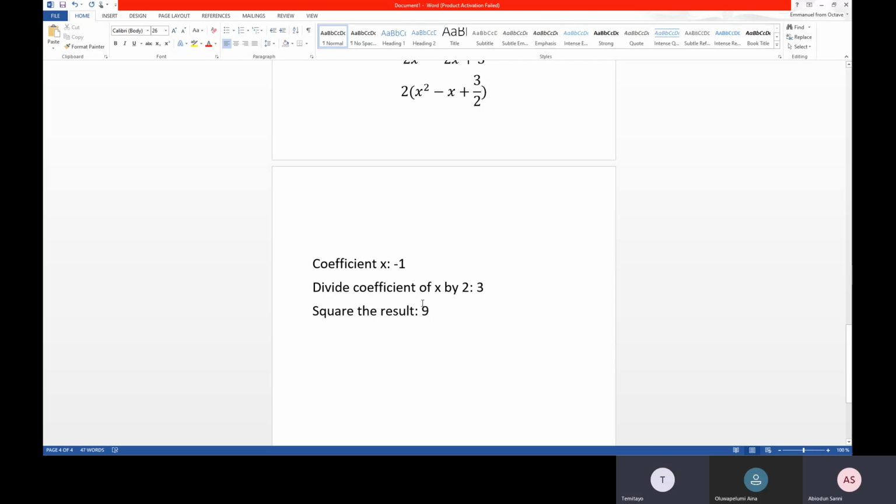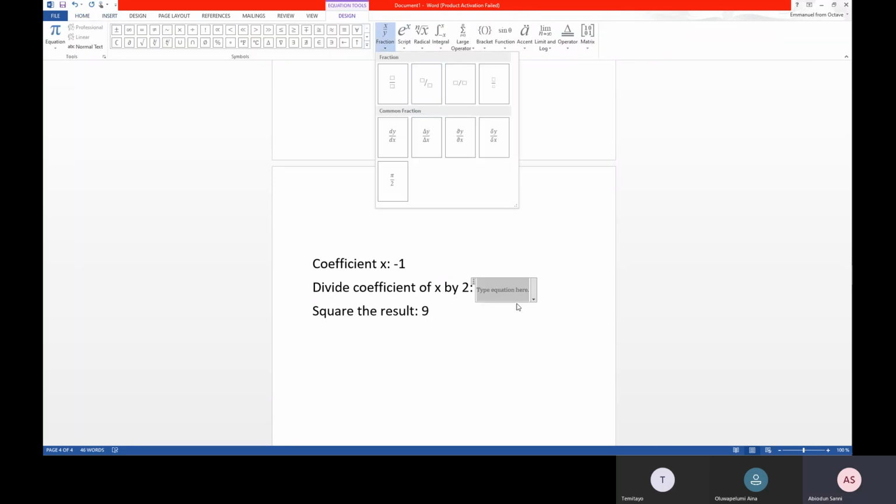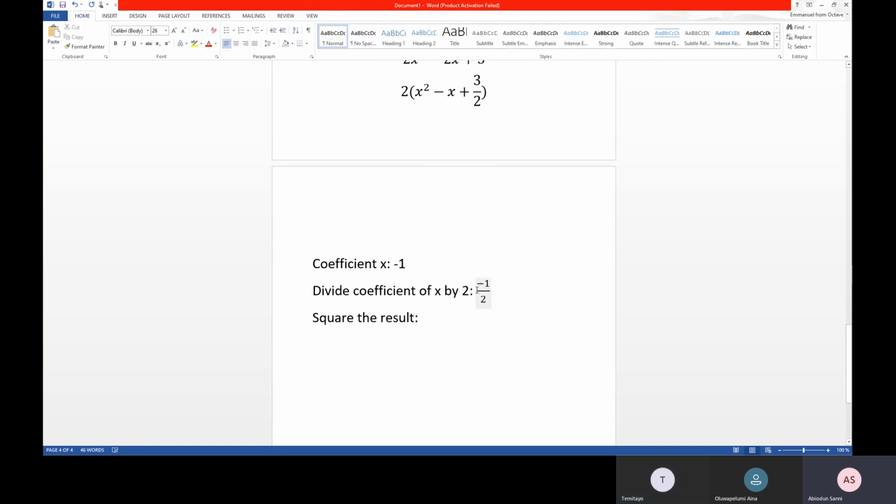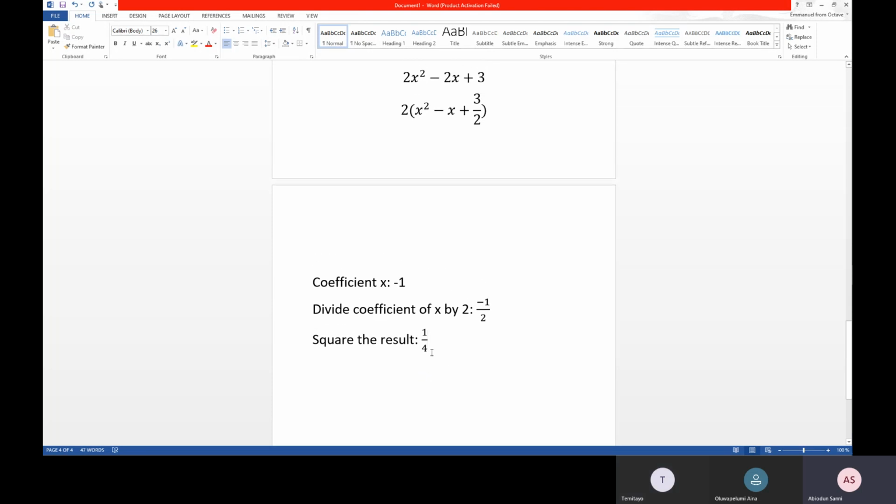Now divide the coefficient of x by 2. Divide minus 1 by 2, and you have minus 1 over 2. Now square the result. If you square minus 1 over 2, what do you have? 1 over 4.